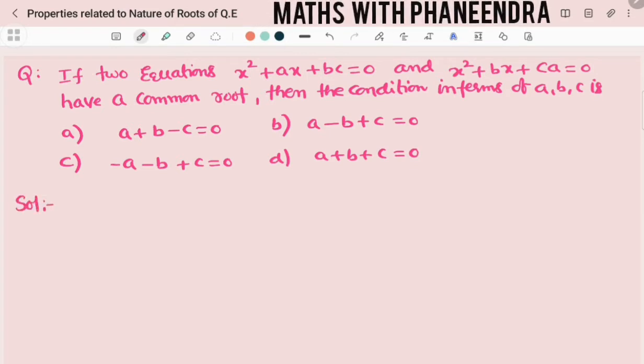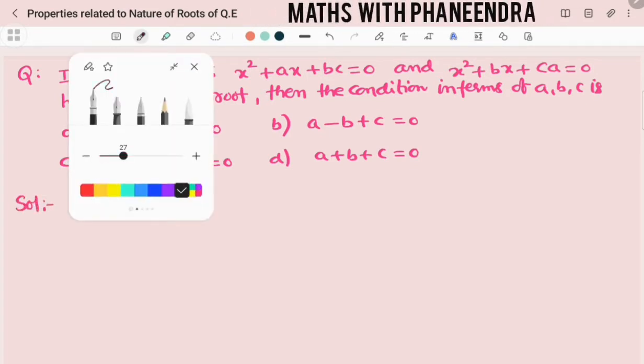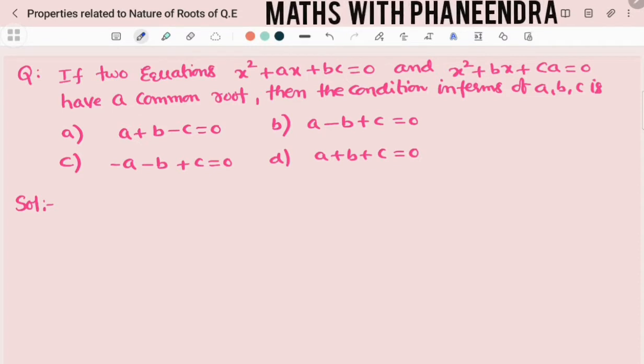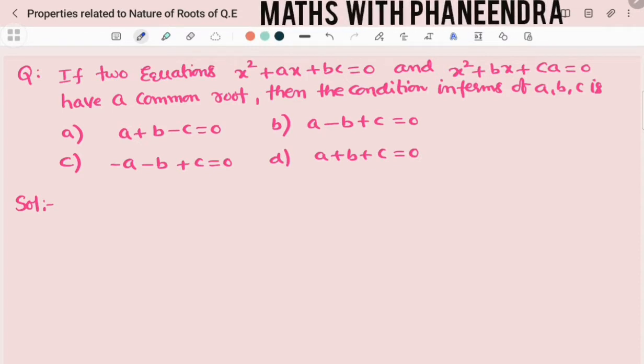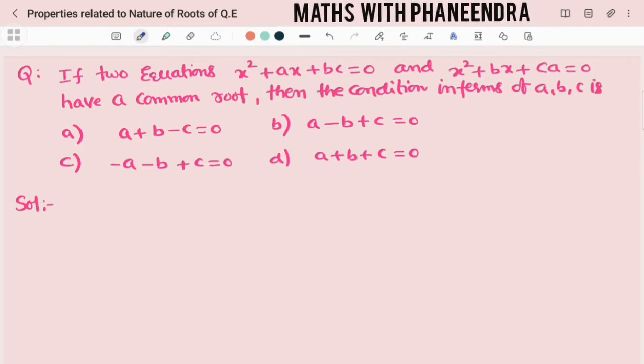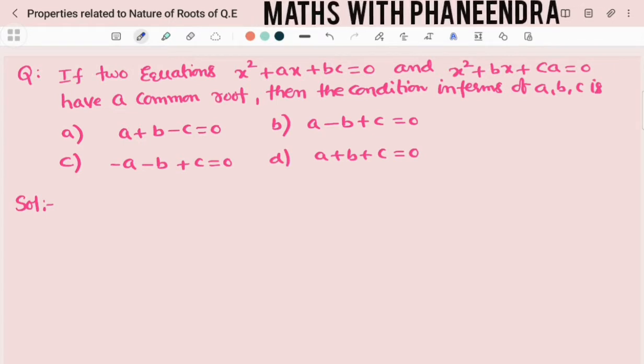So which one are you expecting? Two equations are there, but both are different quadratic equations. In this one ax plus bc is there, here bx plus ca is there.